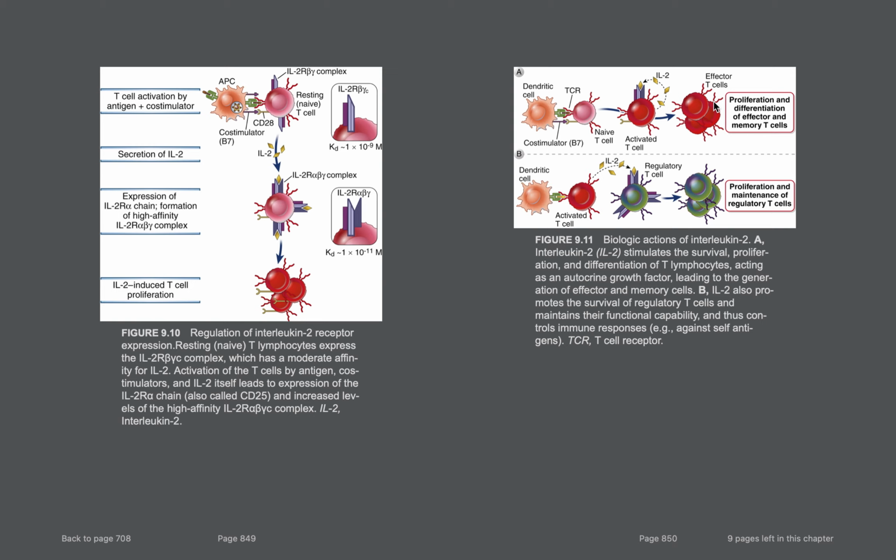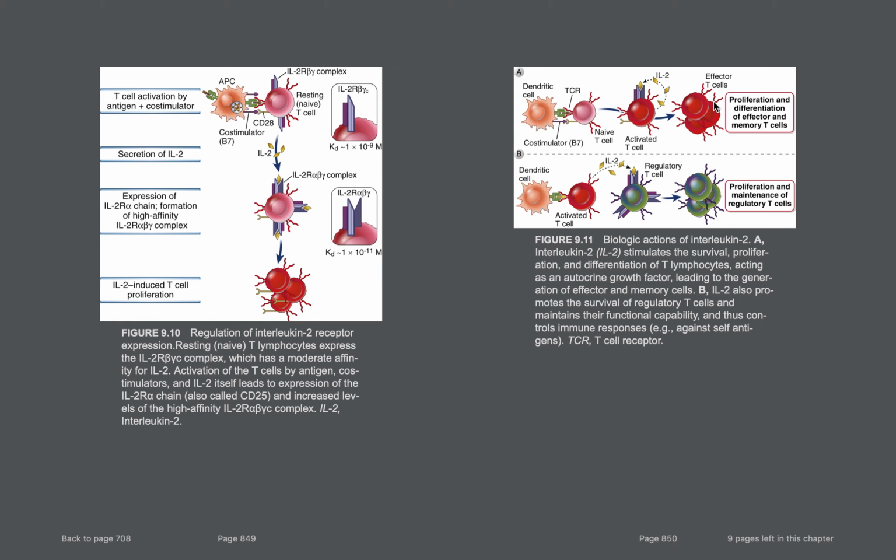So you can go through the diagrams, they are very nice ones. T cell activation by antigen and costimulators happens there. Then comes secretion of interleukin-2; T helper cells are the main producers of interleukin-2. Then interleukin-2, if it is produced, can signal in an autocrine manner. So expression of the interleukin-2 receptor chain leads to formation of the high-affinity complex, and interleukin-2 induces T cell proliferation, to increase in number.